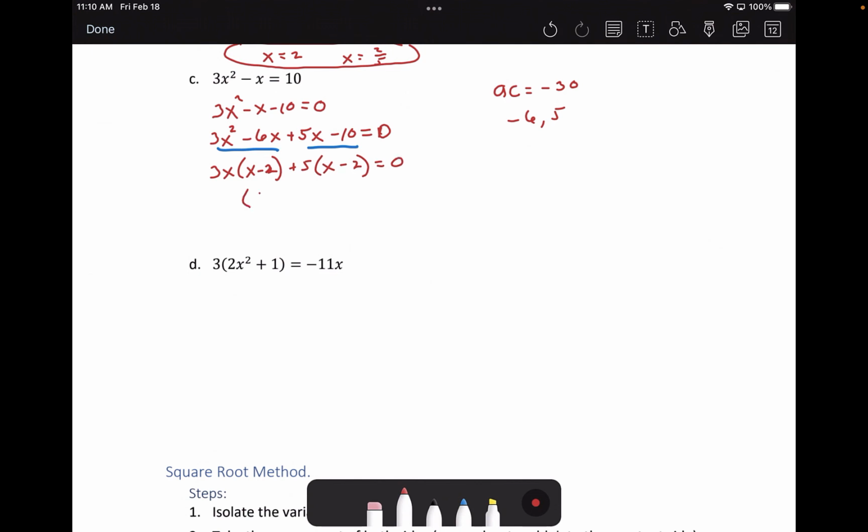That means we're on the right track. We'll factor out x minus 2, and we're left with 3x plus 5. Still equal to 0. Now set each factor equal to 0 and solve. X is equal to 2, and x is equal to -5/3.